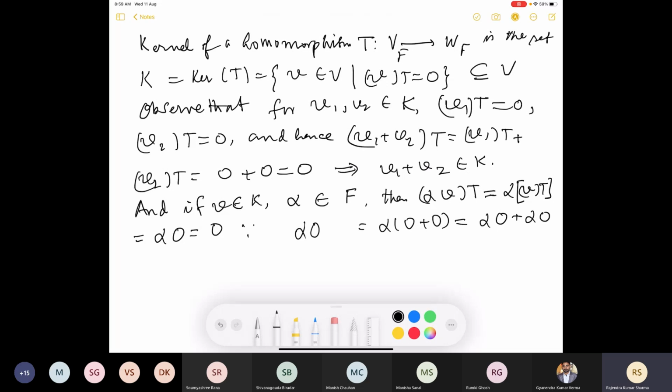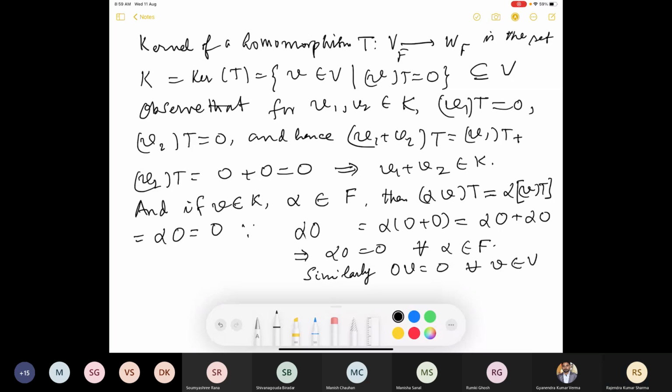Now these are elements of the additive abelian group, so this gives that alpha 0 is 0 for every alpha. Similarly, you can prove that 0 v is 0. These are simple properties that one can prove.